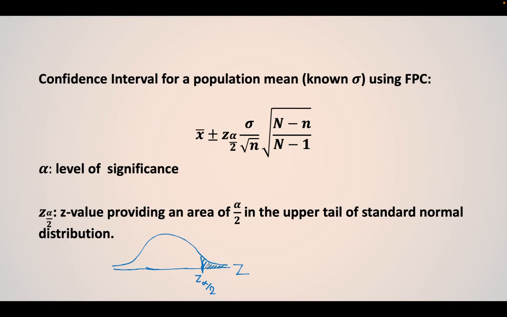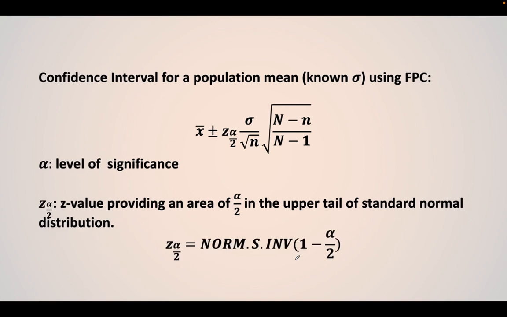The area on the right side of Z alpha divided by 2 under the curve is alpha divided by 2. The area of the shaded part, the blue part, is alpha divided by 2, and the shaded part is on the right side of Z alpha divided by 2. To find Z alpha divided by 2, in Excel, type equal sign, NORM.S.INV.